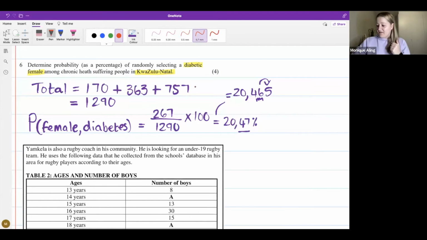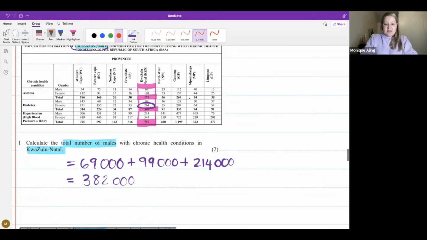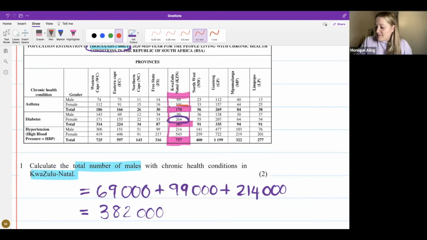I went and found the totals for everyone in KZN. So the 170 is for how many people in KZN suffer from asthma. The 363 is for how many people are suffering from diabetes in KZN. And the total, that's what I did, I added them all up. Okay.